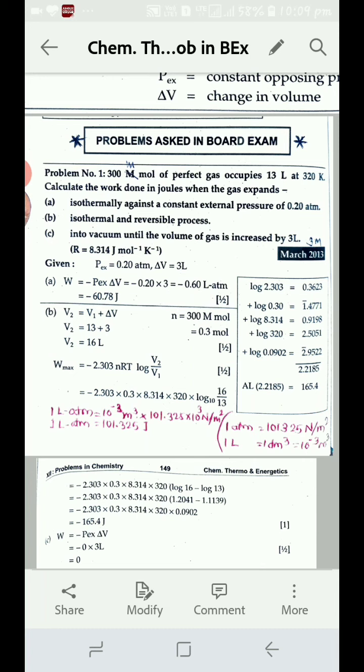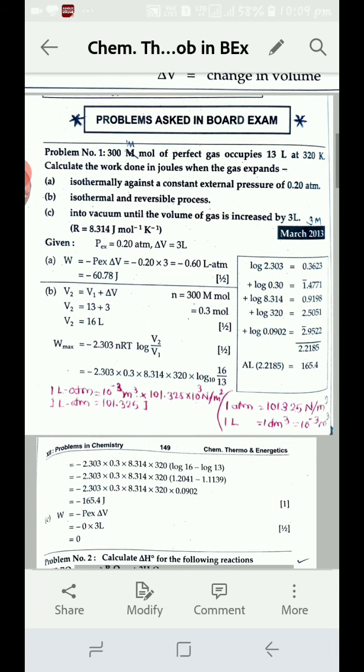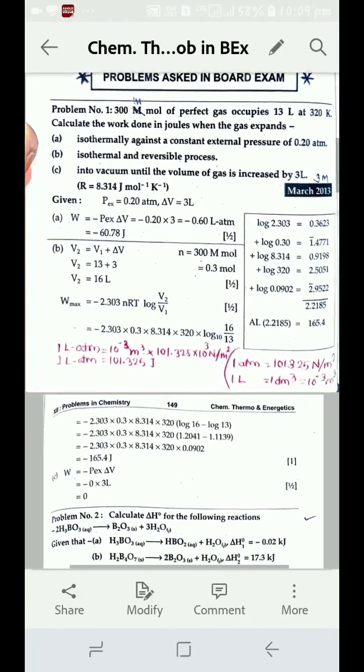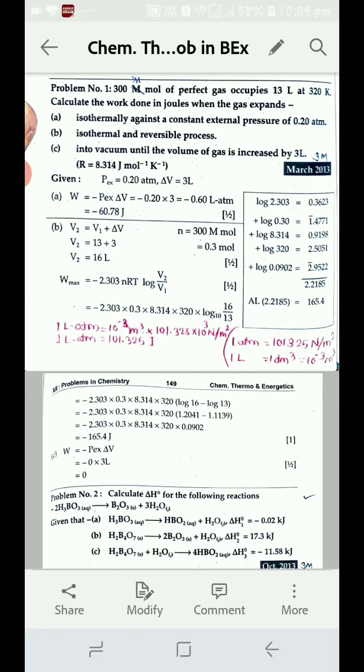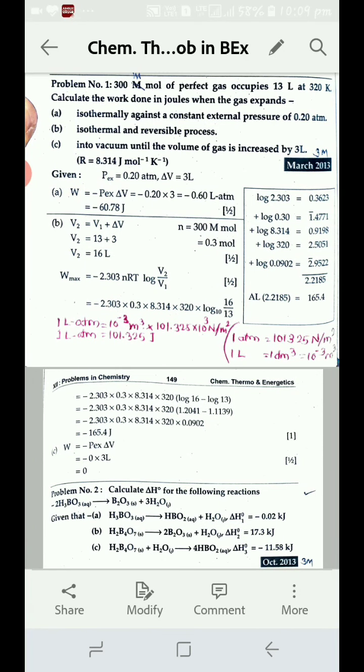Okay, now the next one is the second numerical from October 13.